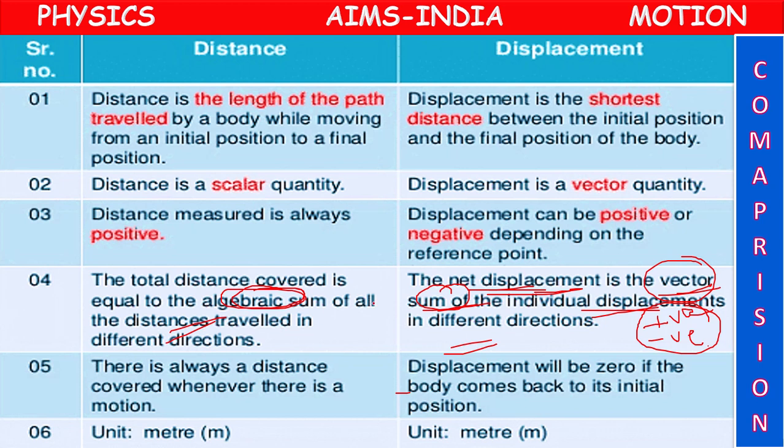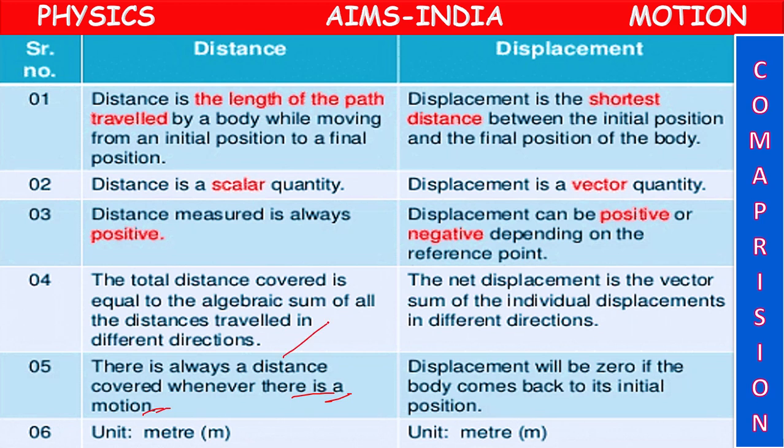Okay. Next. Whenever there is a motion, there will be distance. But when a body comes back to its initial position, displacement will be 0. Suppose it went forward 4 meters and came backward 4 meters. What is the distance covered? 4 plus 4, 8. We have to add both.